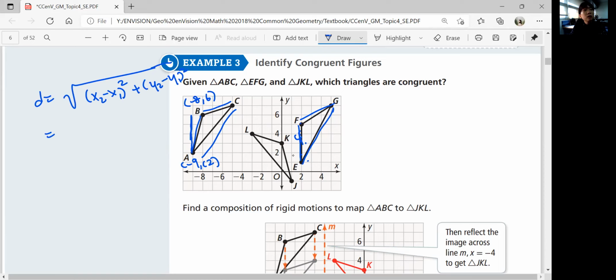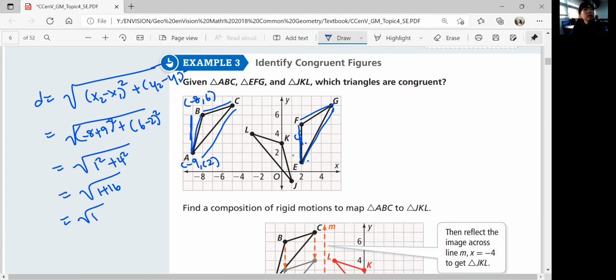Okay, and the order doesn't really matter as long as you have the x values together and the y values together. So -9 and -8 together, if you subtract them, I'm going to subtract -8 minus -9, so 1 squared, plus 6 minus 2 squared, 4 squared, 1 plus 16, so square root of 17.